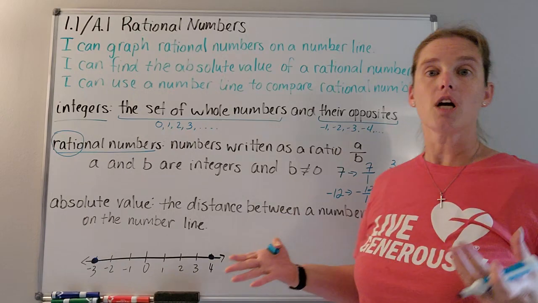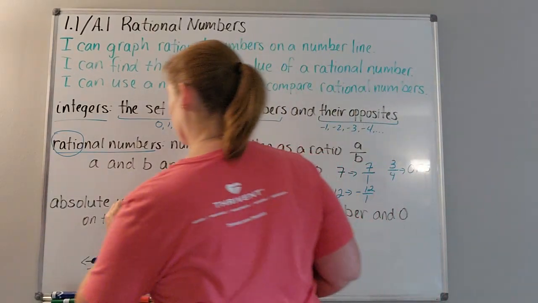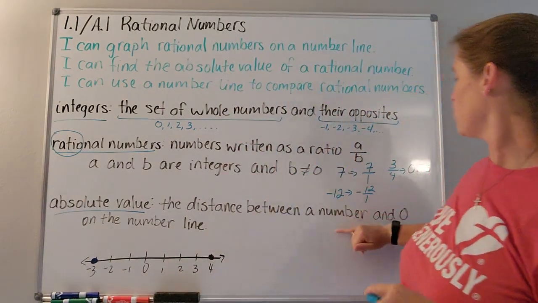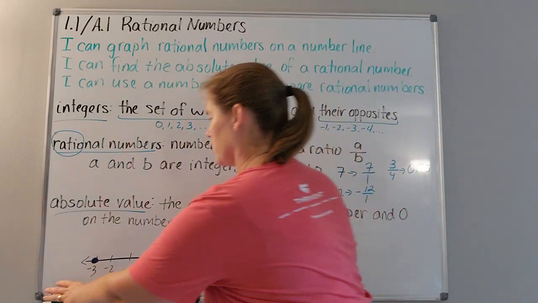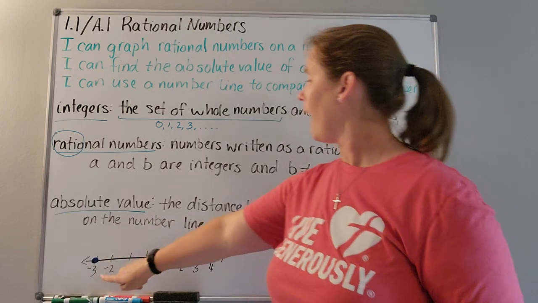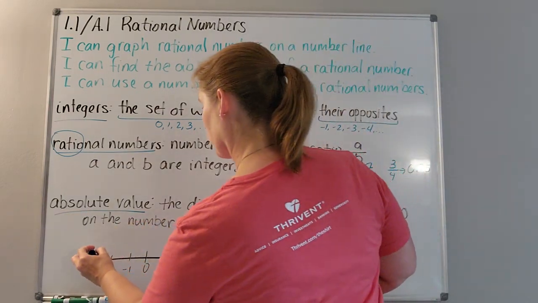So we're also going to talk about absolute values. What are absolute values? Well, absolute value really is a distance. It's the distance between a number and 0 on the number line. So I've marked two numbers here, -3 and 4. How far is -3 from 0? Well, let's take a look. We're going to count along here.